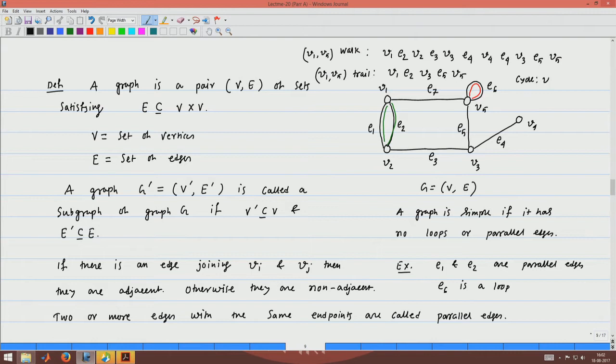So, V 1, E 2, V 3, E 5, V 5, and then, sorry, E 7, V 1. So, this is a cycle, right.